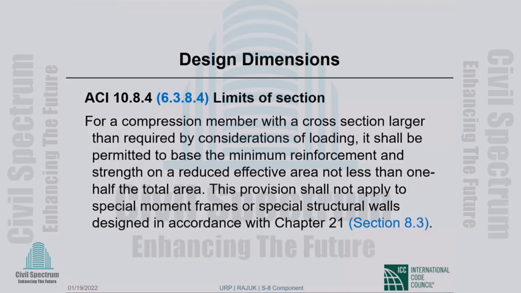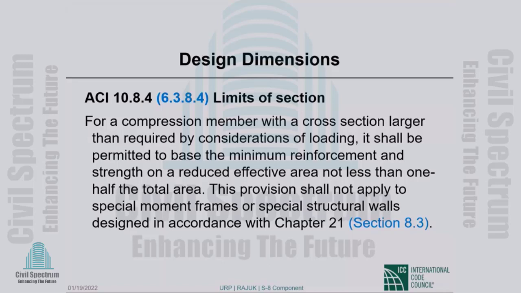Okay. Now, this decrease of 1% to 0.5% is not allowed in a column that is part of the seismic force resisting system in a high seismic design category. Okay, so that is what the last thing is saying. Now, this was 2008. These days, we do not allow the 1% to go down to 0.5%, even in a column that is not part of the seismic force resisting system, if the building is in a high seismic design category.